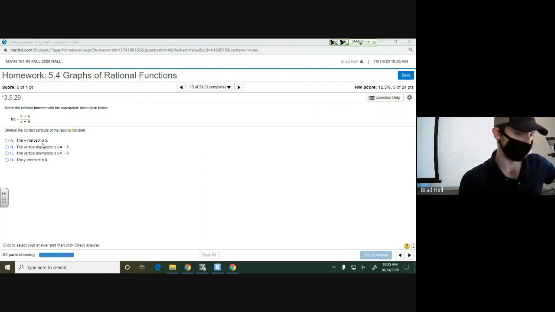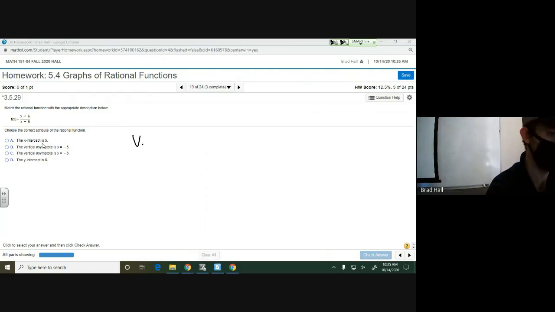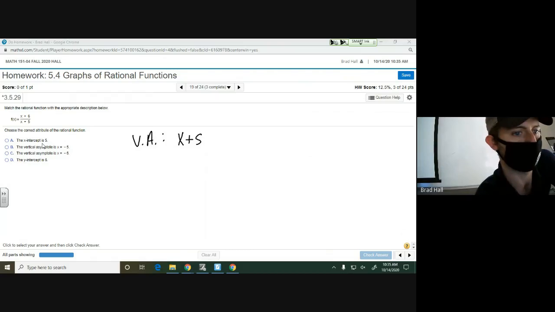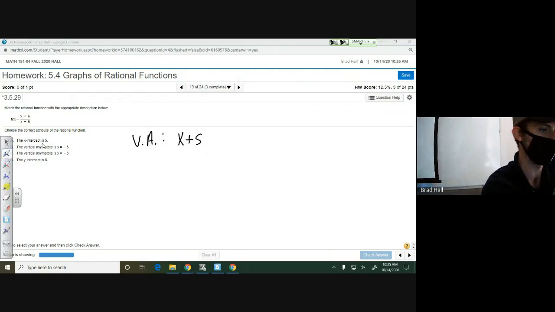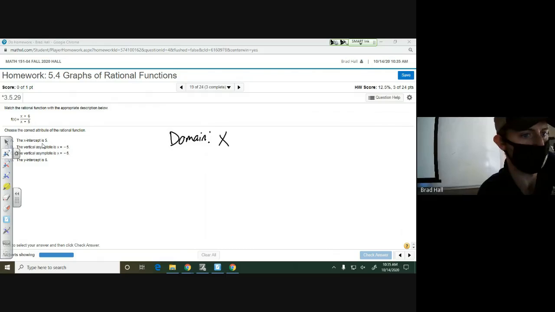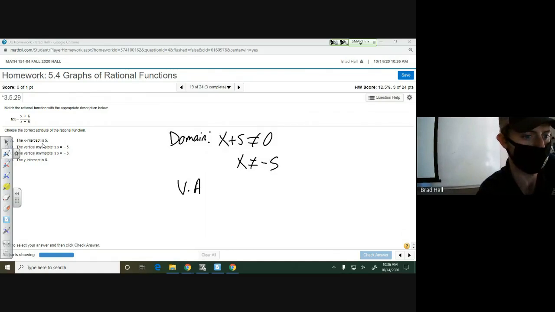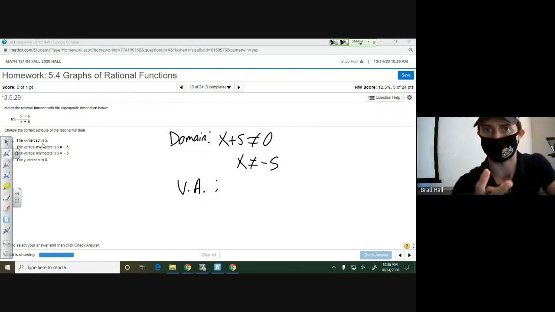Hopefully you remember, to figure out the domain, you set the denominator not equal to 0, and you can figure out x really quickly. And remember, the vertical asymptote just says switch the sign.